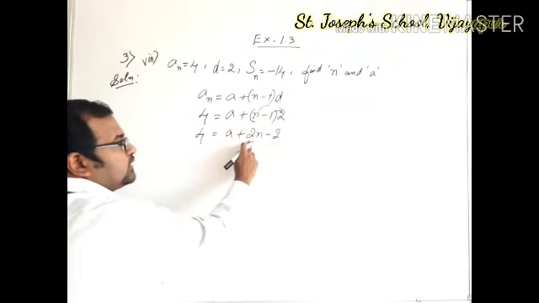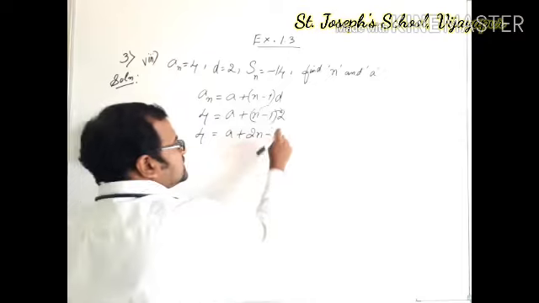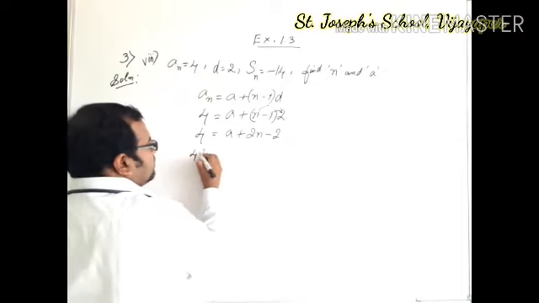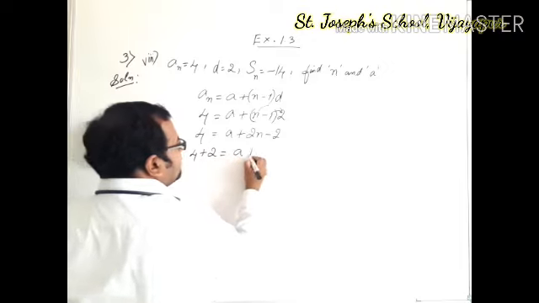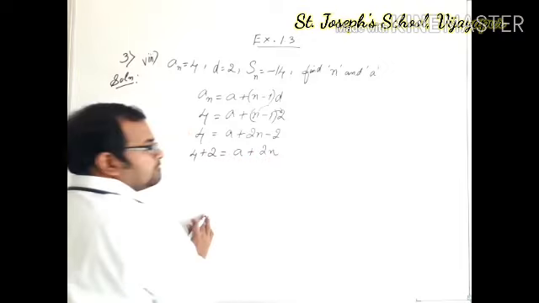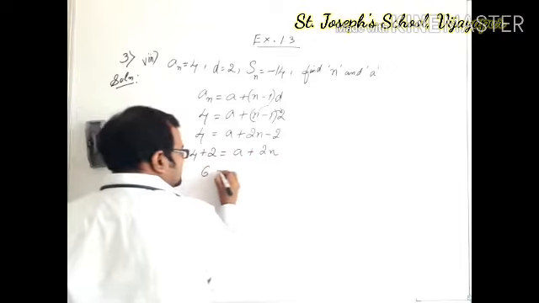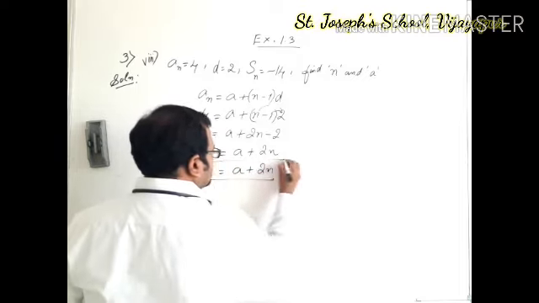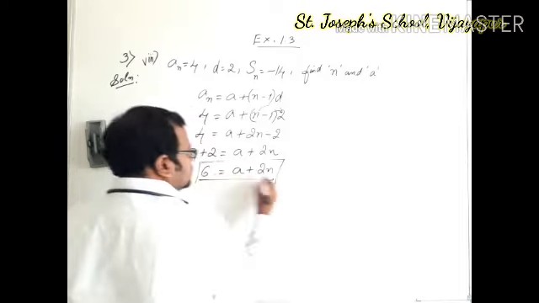See, 2 into n is 2n, and minus into minus 2 ones is minus 2. This minus 2 comes to the other side, becomes plus 2. So 4 plus 2 is equal to a plus 2n. 4 plus 2 is 6, so 6 is equal to a plus 2n. We got one linear equation. We will store it as equation 1.